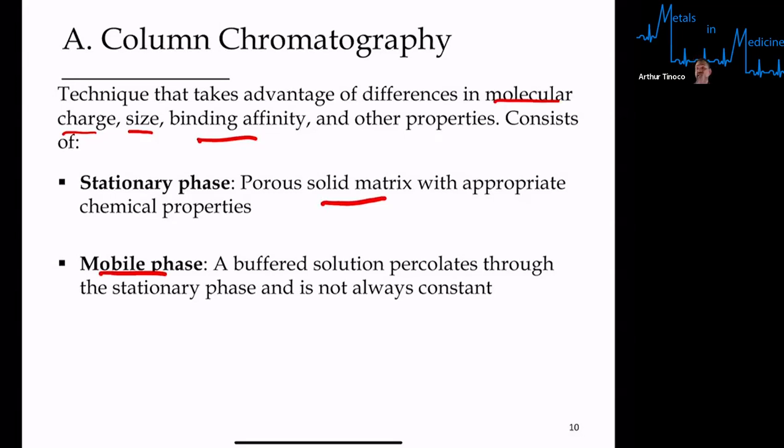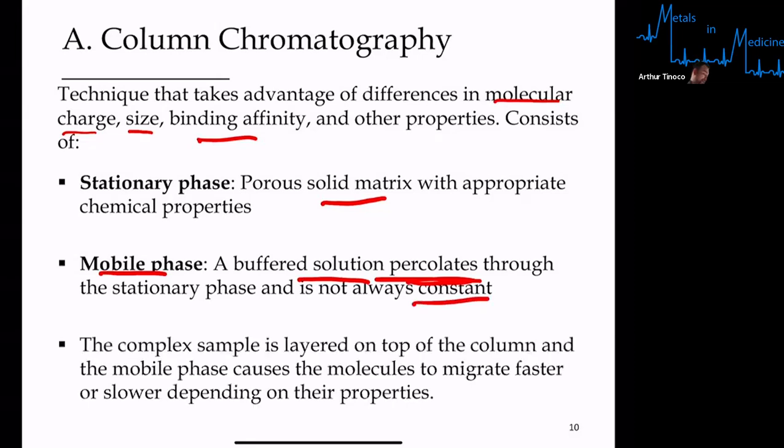So stationary means static, it doesn't move. The mobile is something that actually moves. And so in this case, we're typically using some sort of solvent or solution. If we're talking about water, maybe it's buffered, meaning that it's pH controlled. And that's going to percolate. So percolate is going to move through the actual stationary phase. And oftentimes, the mobile phase is not constant, meaning that the ingredients or the components of that phase can change.